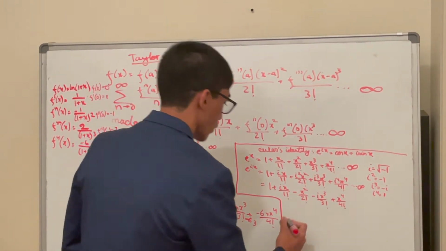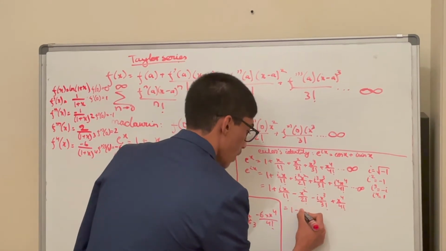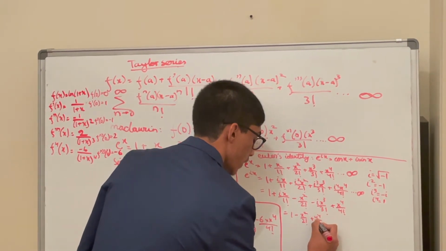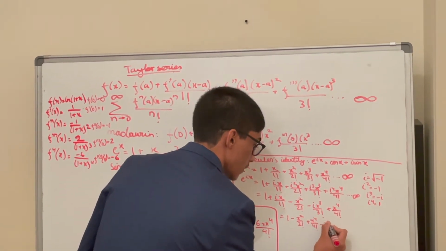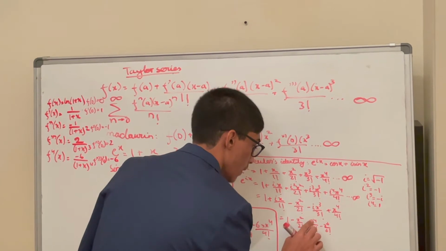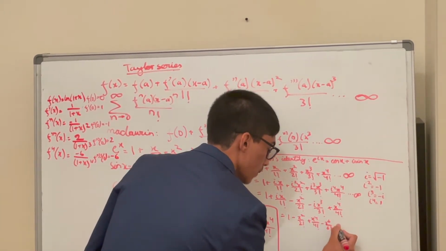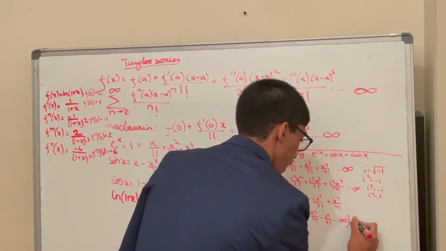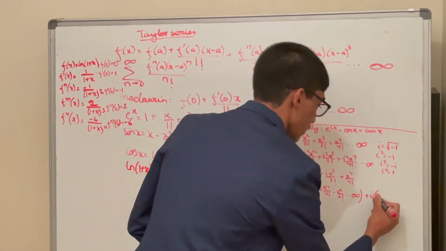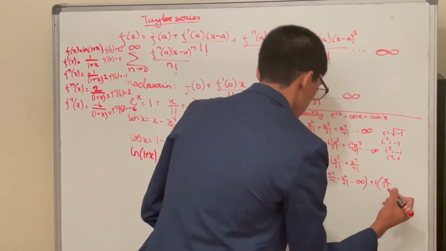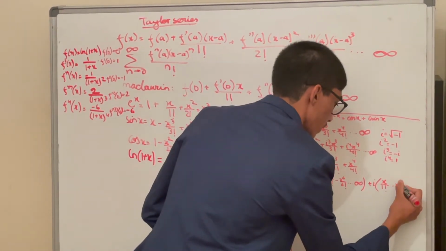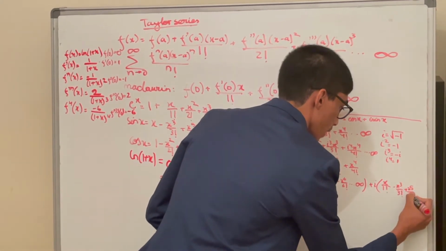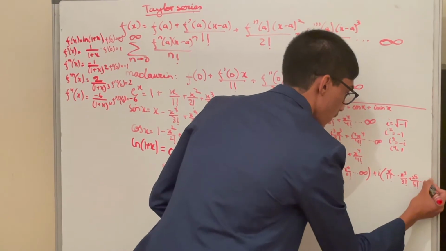And if we do a bit of grouping, 1 minus x squared over 2 factorial plus x to the 4 over 4 factorial minus x to the 6 over 6 factorial to infinity. And we can take i common, x over 1 factorial minus x cubed over 3 factorial plus x to the 5 over 5 factorial again to infinity.